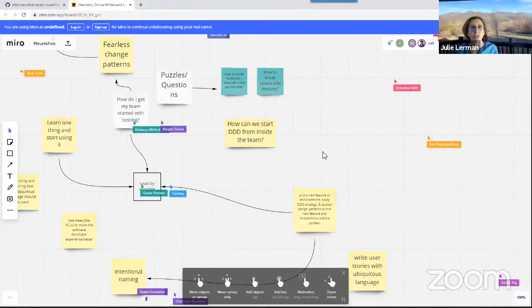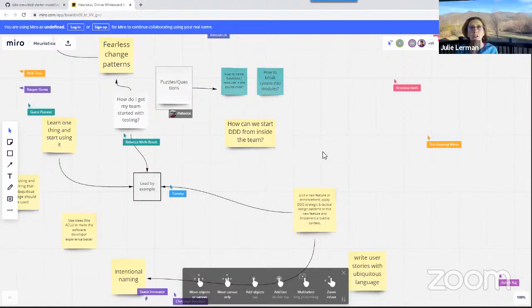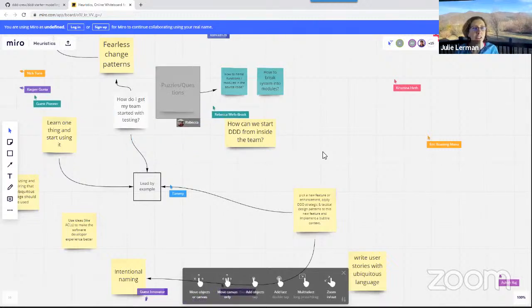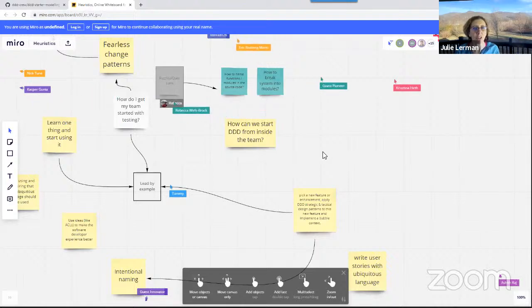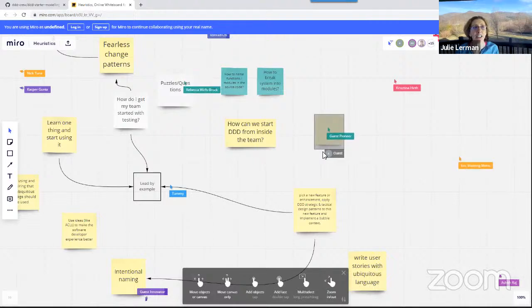So the architect and some other leads, but not the developers, did the strategic design. They didn't include the developers when they were doing it. They did the strategic design and then brought the development teams in and said, okay, we're going to do DDD.